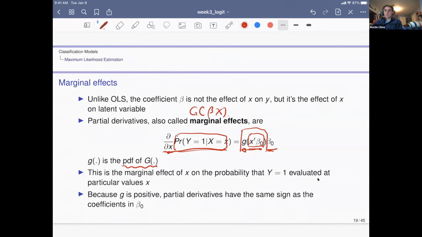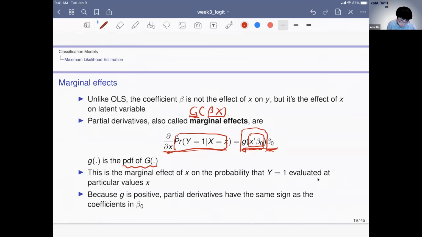Because G is a function of beta x, but then beta x is a function of x. So when you take the derivative with respect to x, you need to take the derivative of G with respect to beta x, and then multiply by the derivative of beta x with respect to x. That gives you this.